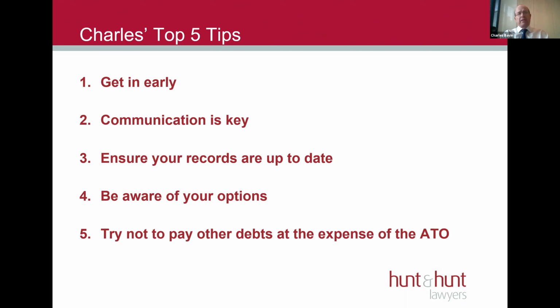All of the points there need to be considered in light of one of the big distinguishing factors of the ATO compared to other creditors, and that is that the ATO is not a commercial creditor. I say that in the sense that too often when we were acting in matters with the ATO, debtors would contact us and say something to the effect of, look, if you wind us up or if you bankrupt me or my client, you're not going to get anything.